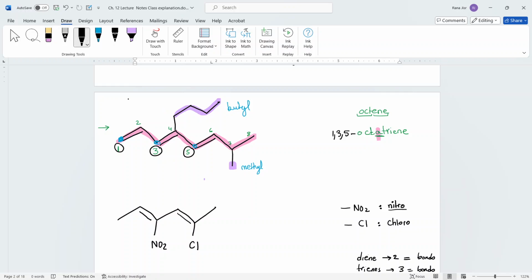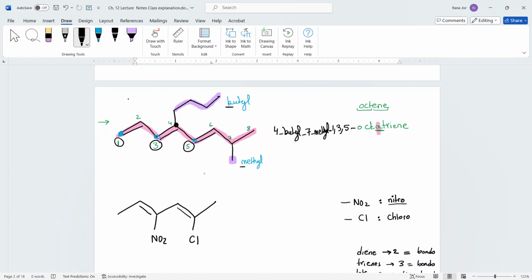So on carbon number 4, I have my butyl. B comes before the M. So on carbon number 4, I have a butyl. And on carbon number 7, I have a methyl, and then a dash, and then 1,3,5-octatriene.